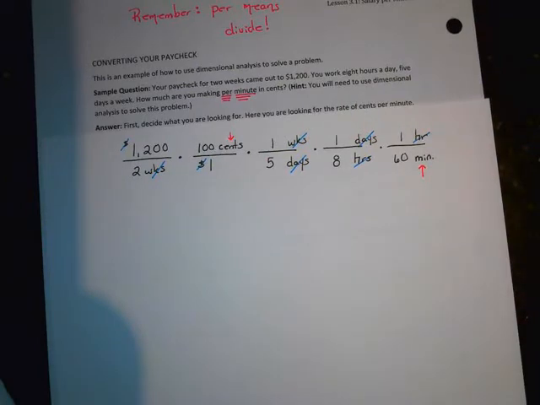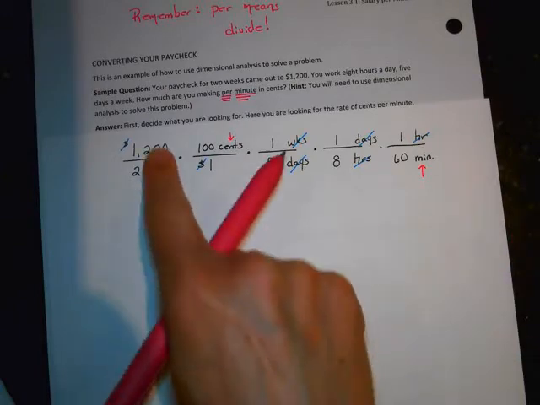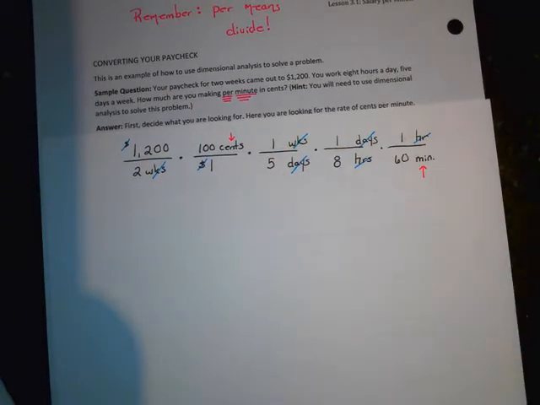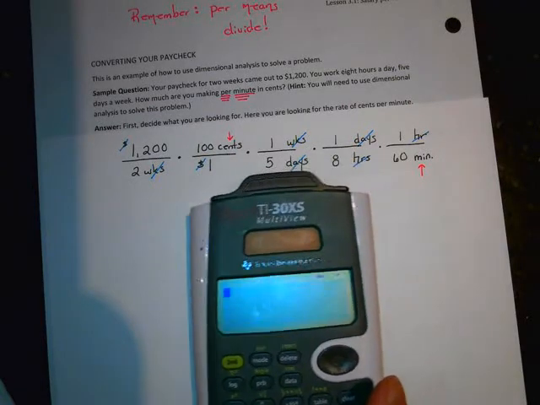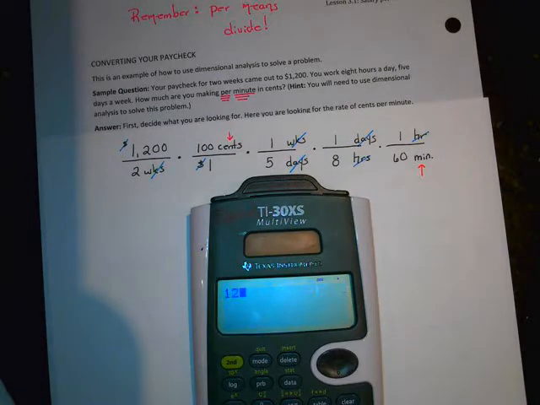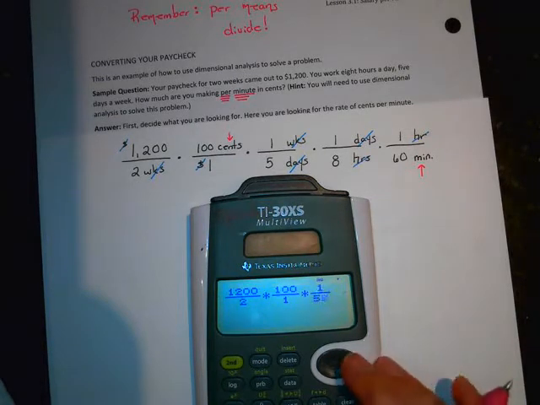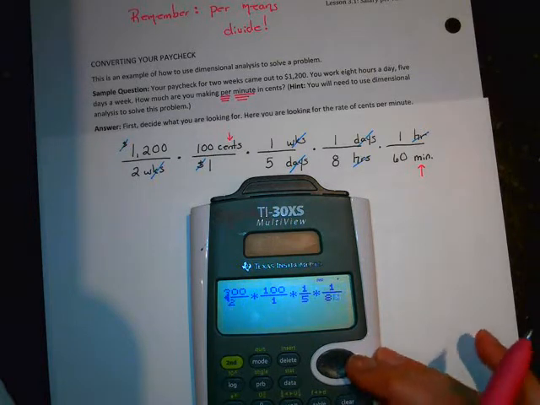So I have 1200 over 2 times 100 fraction over 1 times 1 fraction over 5 times 1 fraction over 8. Do you see what I'm doing? And then I pull out the fraction and then hit times, and then 1 fraction over 60. And then I pull out of the fraction. Do you see that? I'm using my arrow key.